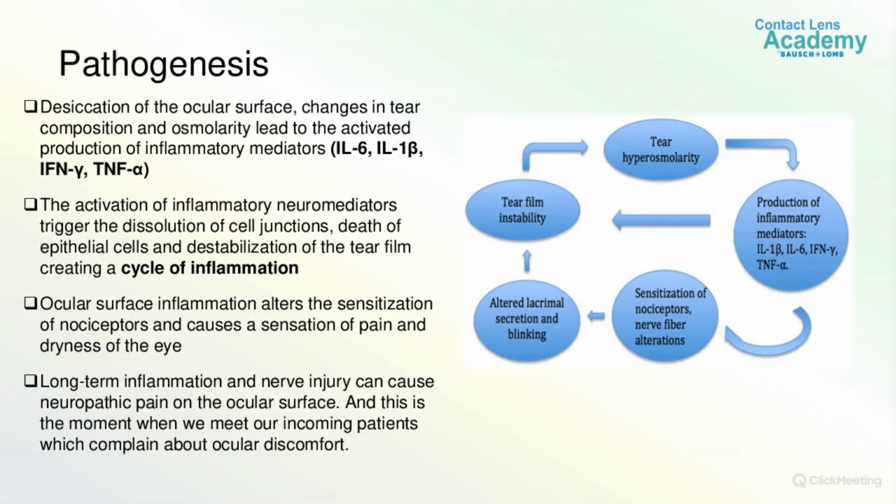These are interleukin beta, interleukin gamma, interferon gamma, and tumor necrosis factor. The activation of inflammatory neuromediators triggers the dissolution of cell junctions, death of the epithelial cells, and destabilization of the tear film, creating a big cycle of inflammation.